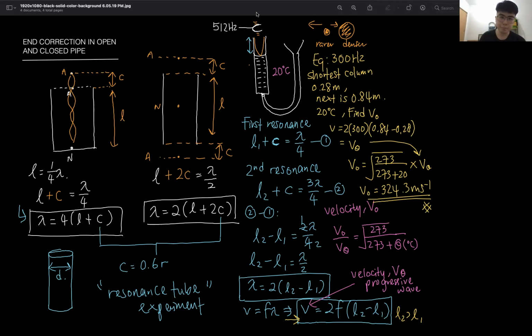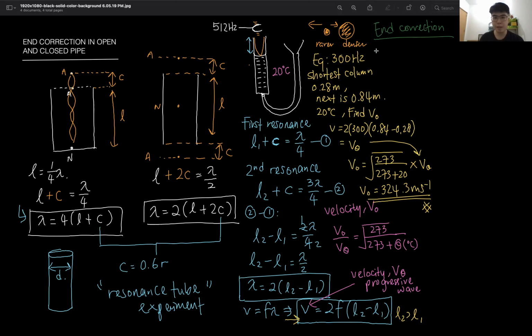Now, what if the question asks about the end correction? They ask you to calculate what is the end correction of the tube. Then we need another formula, because this one doesn't have a C inside. We cannot calculate it.